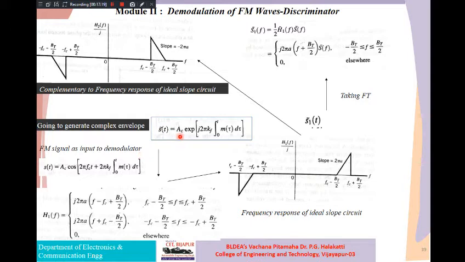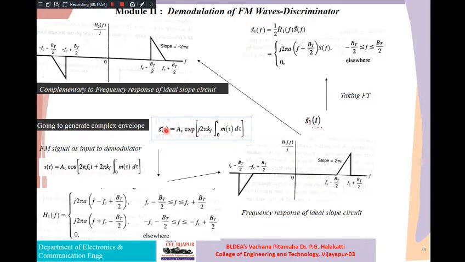Now when we apply it to the slope circuit having this transfer characteristic, it is going to produce an output denoted by S1 hyphen of t.